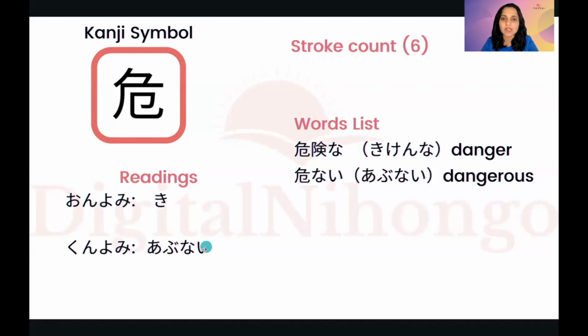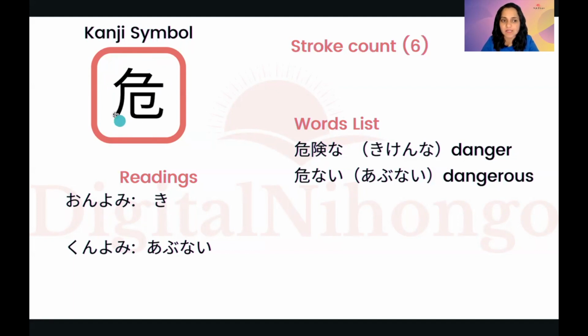Then ki or abunai. Next 2 kanjis which we are going to learn are ki and ken from the word kiken. Kiken is danger. It's a na adjective which means danger. Kikenna. Or abunai is also dangerous. This kanji you can see on some of the chemical products also. Mostly I have seen it on some cleaning liquids which are dangerous, having some harmful chemicals.